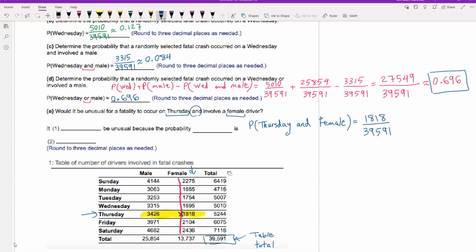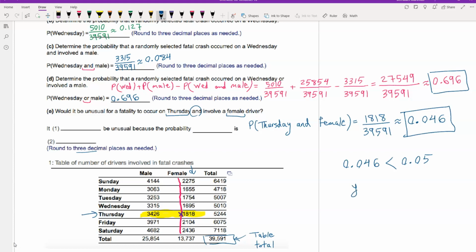So rounding to 3 decimal places. Here again, it's asking for 3 decimal places. The answer is 0.046. So it's asking if this is unusual. We have to compare with 5%. So see if this number is less than 5%.